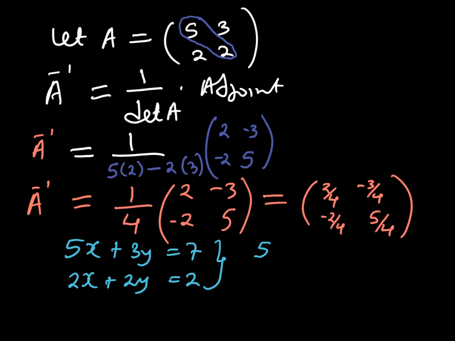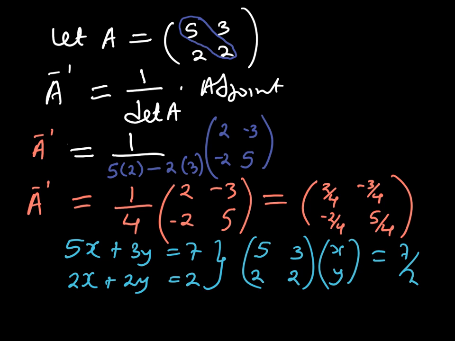A coefficient is the number which multiplies the variable. So here it is 5 times x, I write a 5, then 3 times y, I write a 3, 2 times x, a 2, then 2 times y is a 2, multiplied by x, y will give us 7, 2.